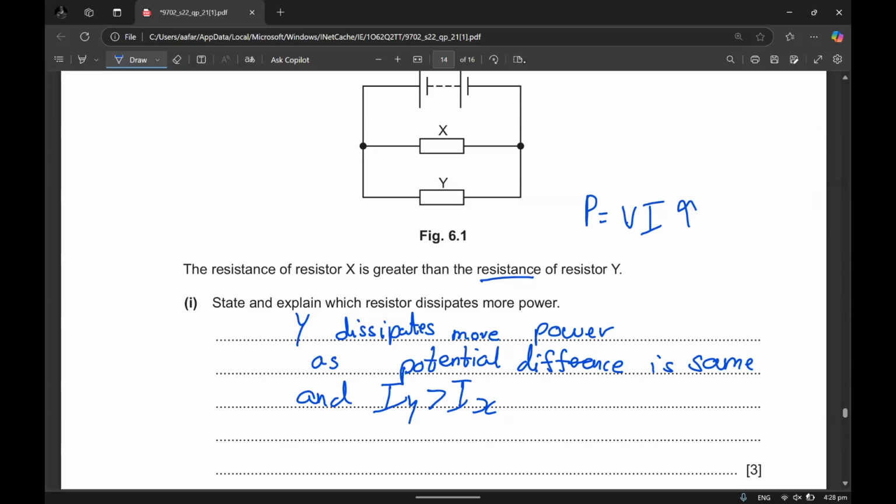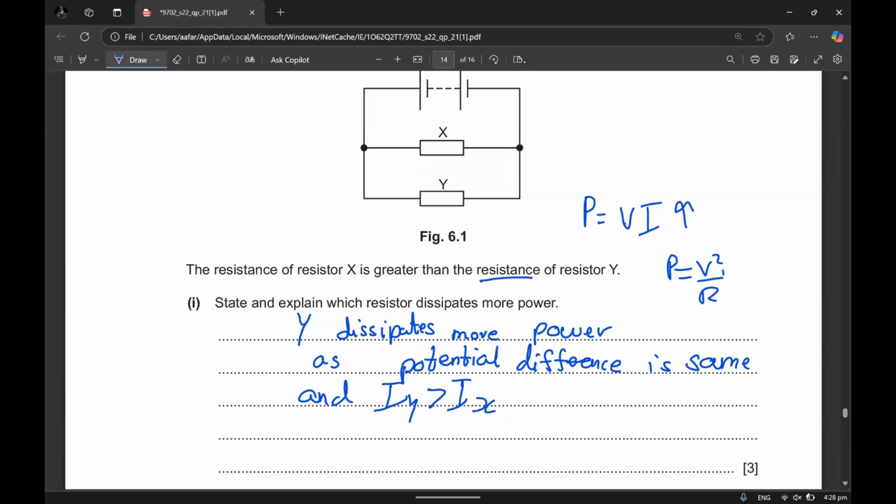This could also be done with the expression P equal to V squared over R. If you substitute I equal to V over R, since the voltage is the same, this will be the same in both, but resistance in Y is less, so it will have more power.